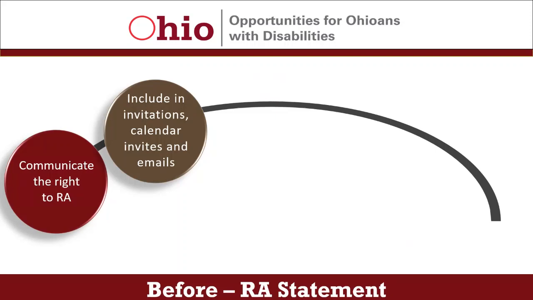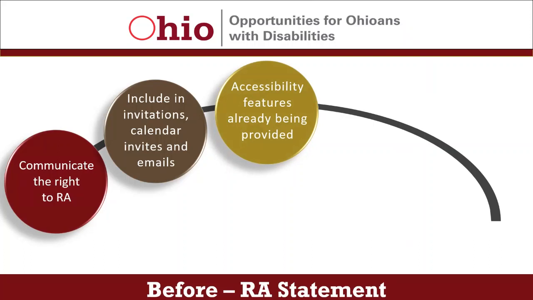For example, include information about the accessibility features already being provided. Meaning, if you are providing live captioning through a trained stenographer for all attendees, which I've seen occur at large conferences, indicate that. You could also include information about accessible parking, entrances, and restrooms.